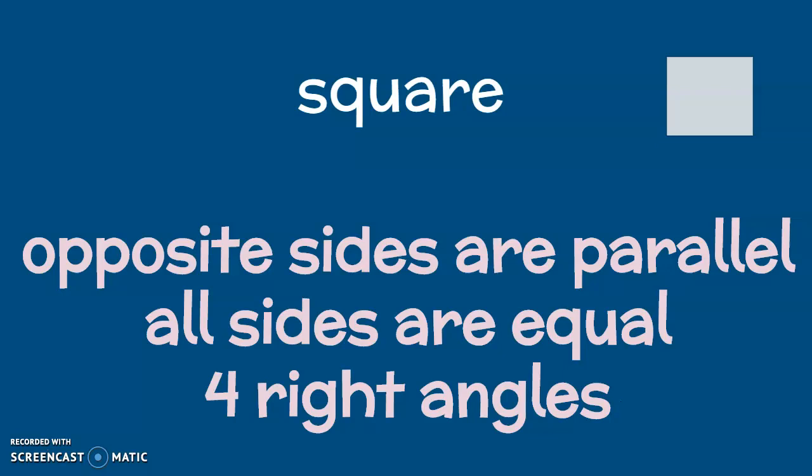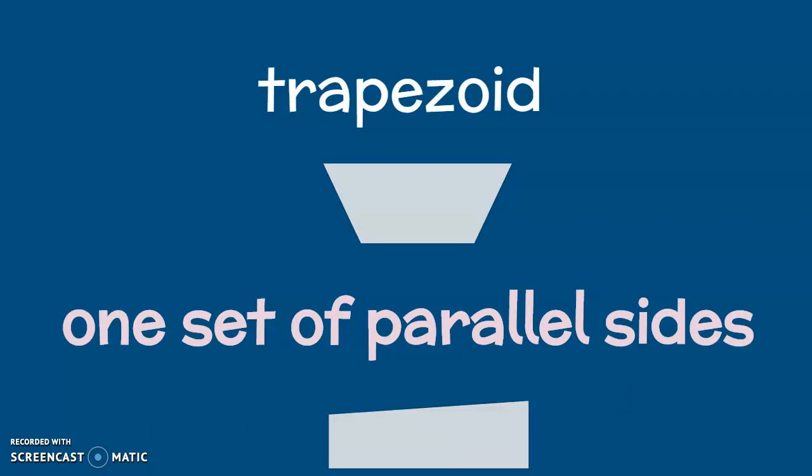Are you ready for this fact? All squares are rectangles, but not all rectangles are squares. Interesting, right? Cool stuff. All right, and now we have our last one. He is all by himself.